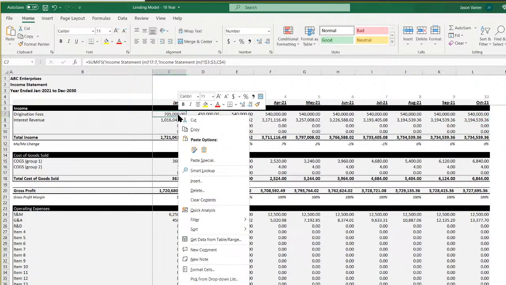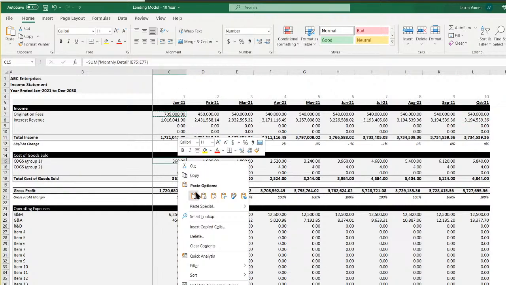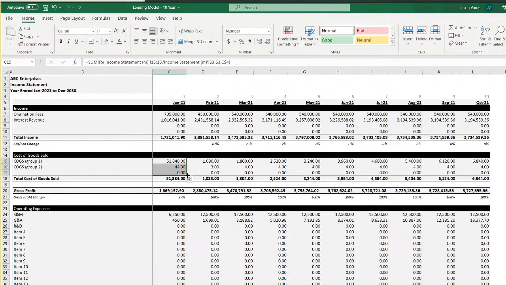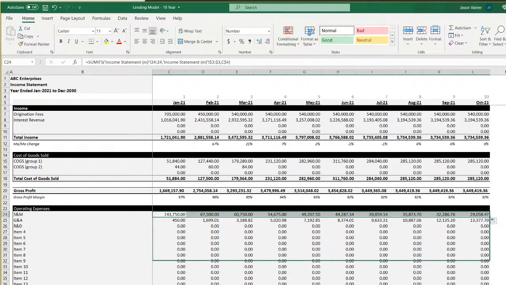Okay, cost of goods sold. Definitely sum that up. Oh, wait a second. Yeah, actually, that's fine. Sum all this up.